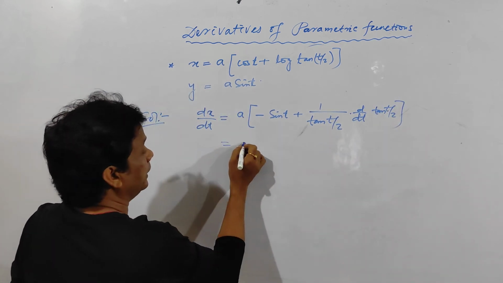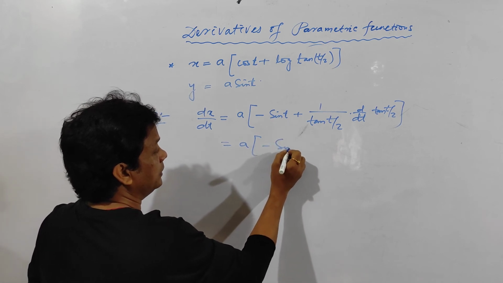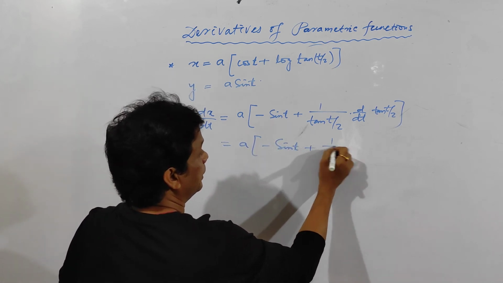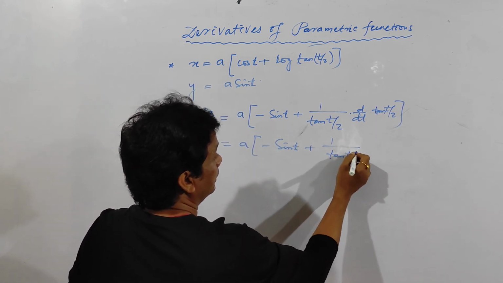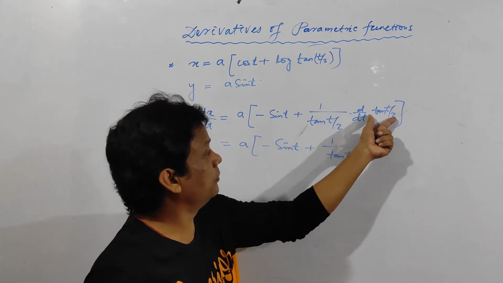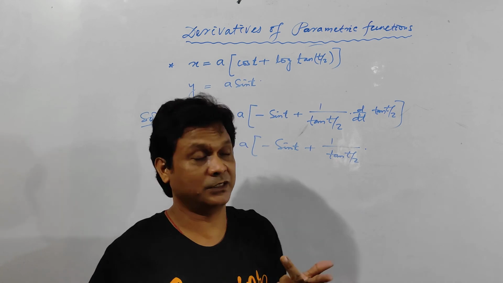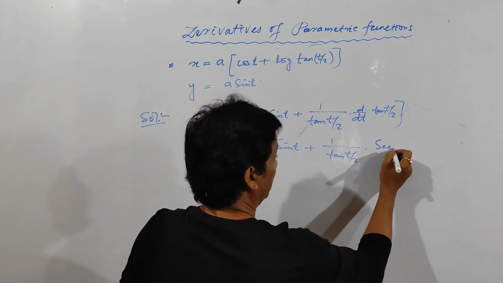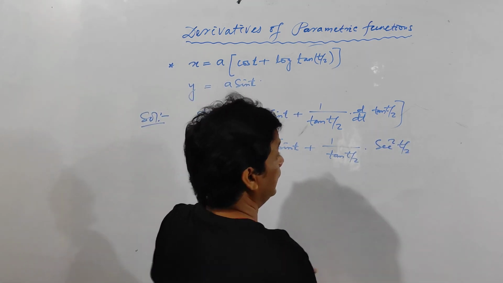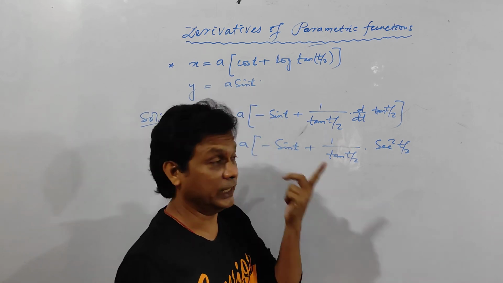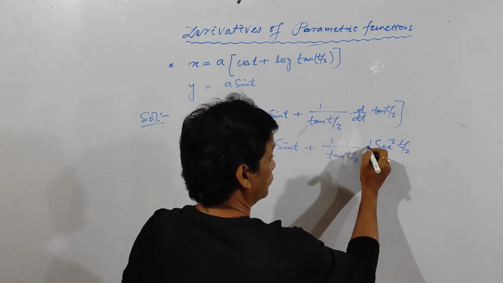Clear? This is in the form of tan u, derivative of tan u is sec square u into du by dx. So this is sec square t by 2 into derivative of t by 2, and derivative of t by 2 is half, so 1 by 2.